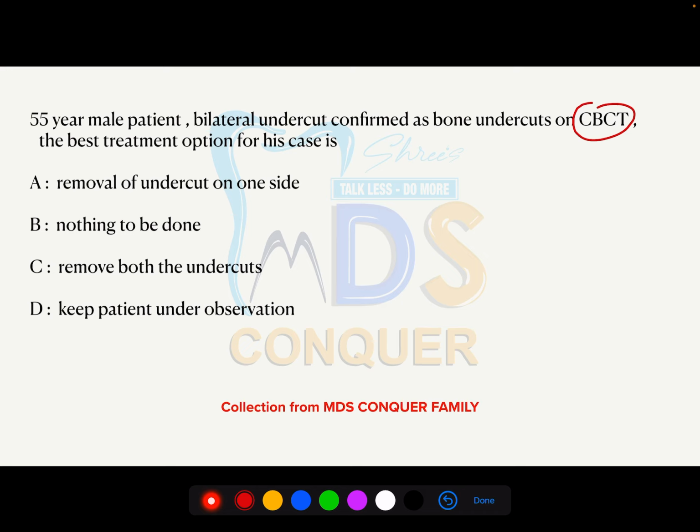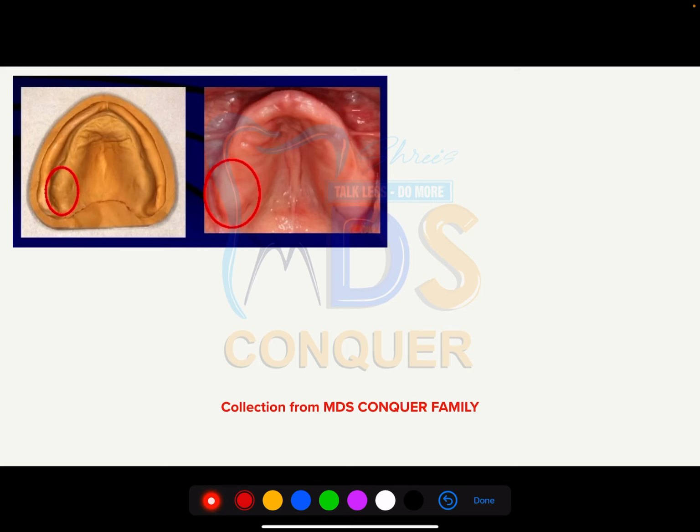Coming to a brief idea, this is called the tuberosity. If it is normal, the tuberosity has many advantages. But sometimes the tuberosity can contain flabby soft tissue, or sometimes hard tissue. So the maxillary tuberosities can be either soft or hard. Soft tissue can be bilateral or unilateral, and hard tissue can be bilateral or unilateral.